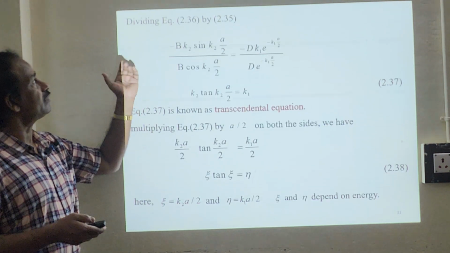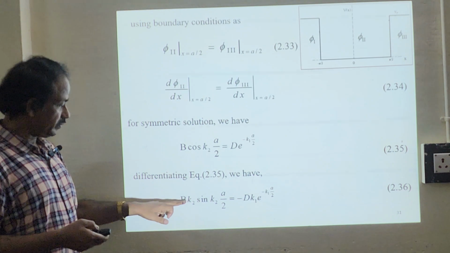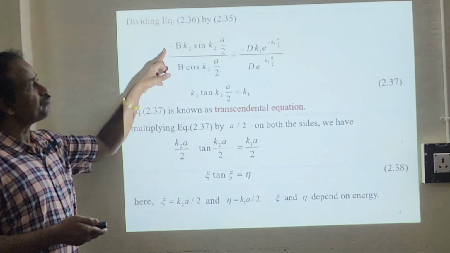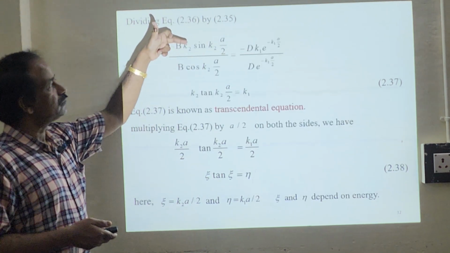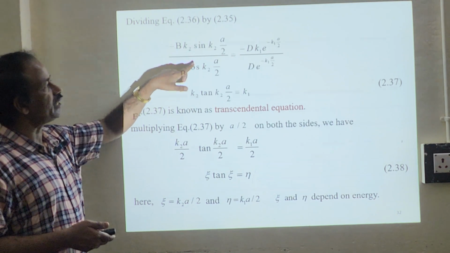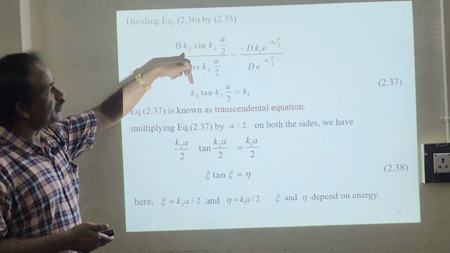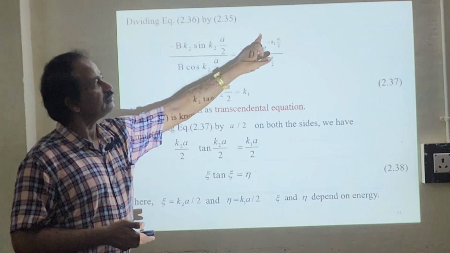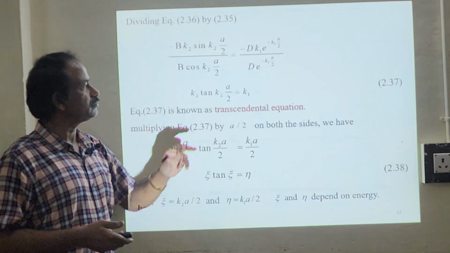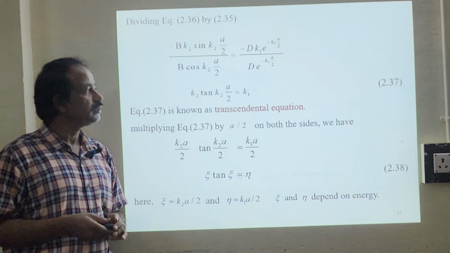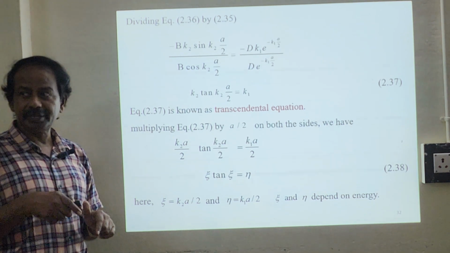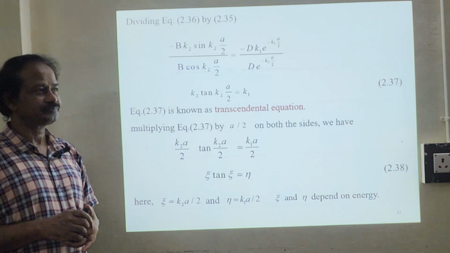So divide this by this: sin by cos will be tan, and B gets cancelled, D gets cancelled, and this term also gets cancelled. You have k2 tan k2 a by 2 equals k1.